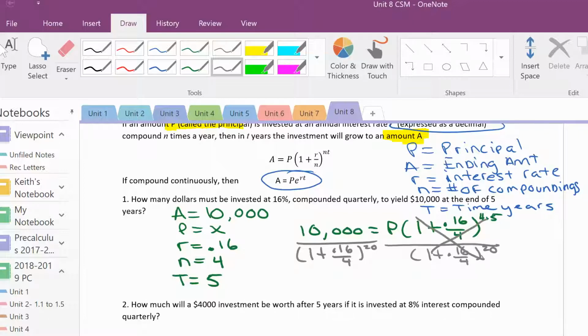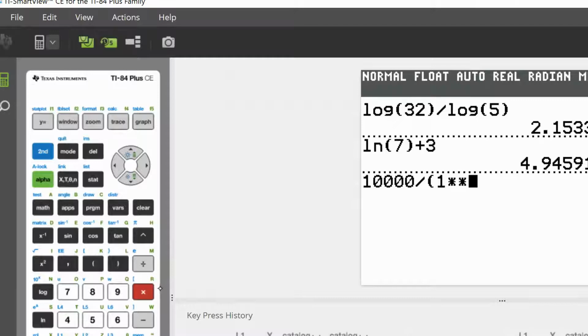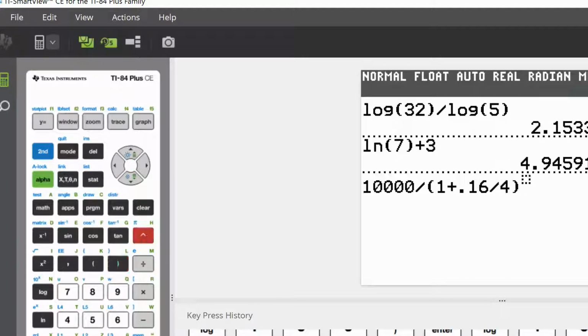So when we type this in our calculator, you put 10,000 divided by, then you need a parenthesis. So it's 1 plus 0.16 divided by 4, and that's raised to the 20th power.